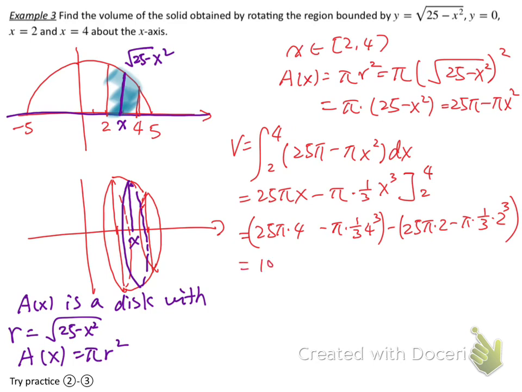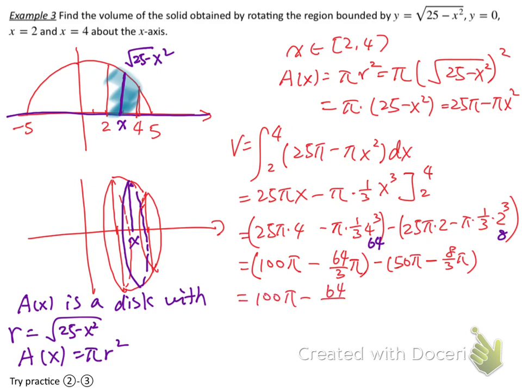So this is 100 pi, 4 times 25 gives me 100, minus 4 to the third power is 64, so 64 over 3 pi, minus 50 pi minus, this is 8, so 8/3 pi. Now I'm removing all these parentheses: 100 pi minus 64/3 pi, minus 50 pi, plus 8/3 pi.